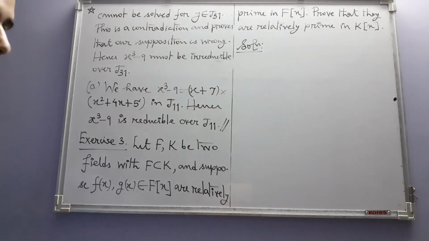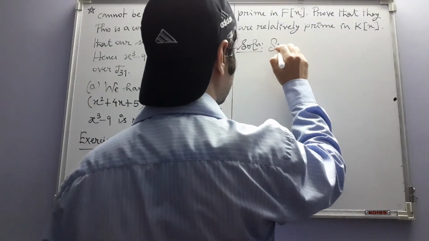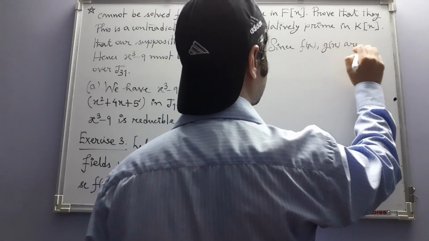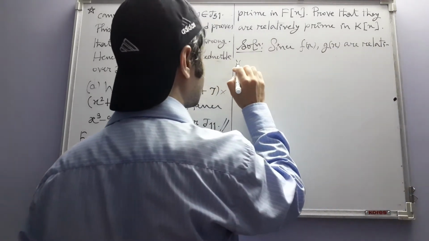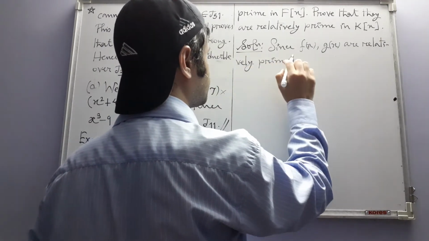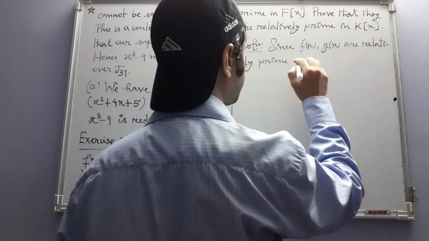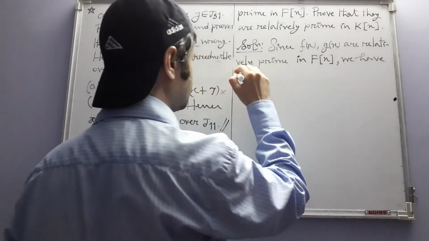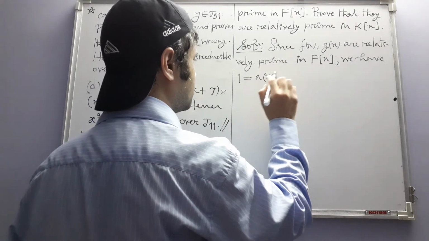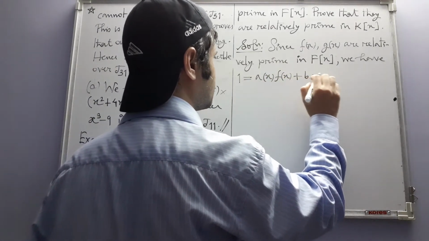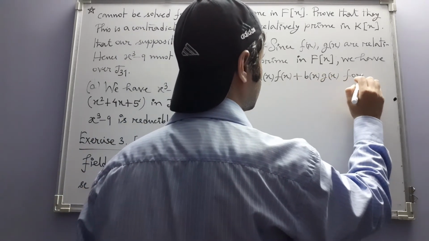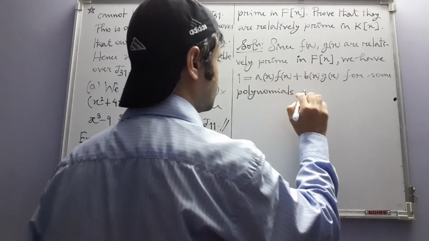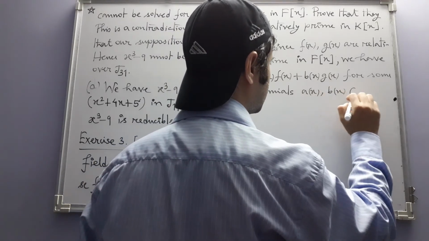This is true in general in a Euclidean ring, so it is true here also, since f(x) and g(x) are relatively prime in F[x], we have 1 equal to a(x) f(x) plus b(x) g(x) for some polynomials a(x) and b(x) in F[x].